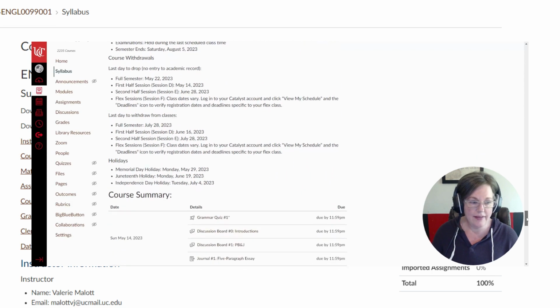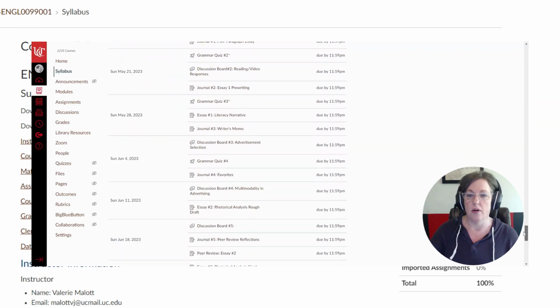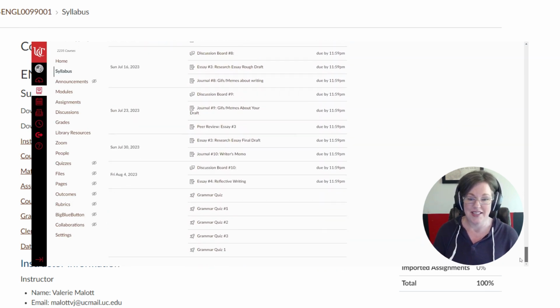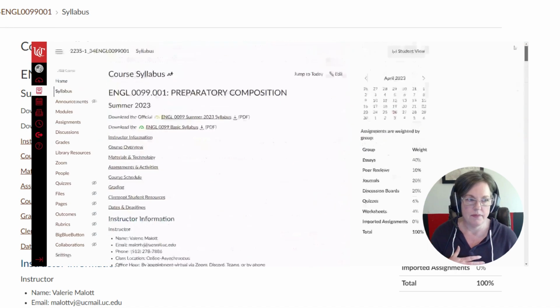At the end of the syllabus is a very long course summary with all the assignments and due dates. There are some additional things here that don't have dates that I will be deleting because they're just sources that I have for my own reference at the time.